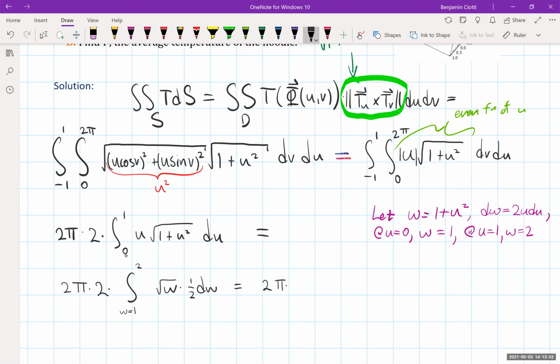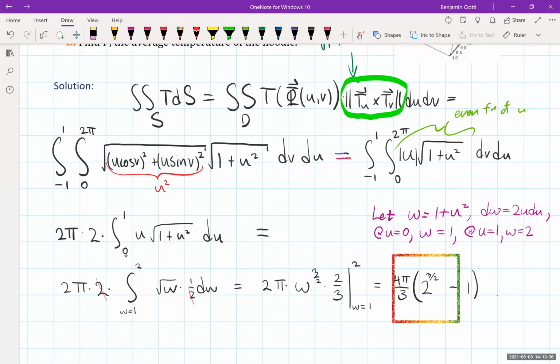Sorry, square root of w. So 2 pi times the w to the 3/2 over 3/2, from 1 to 2, which is 2 to the 3/2 minus 1 to the 3/2. Okay, so that was part A.